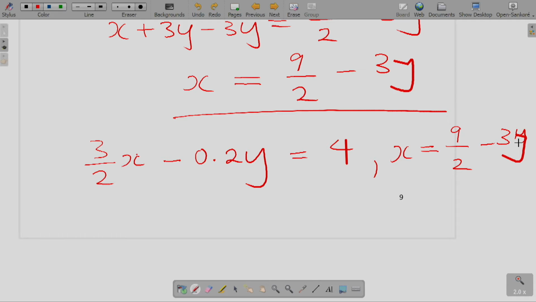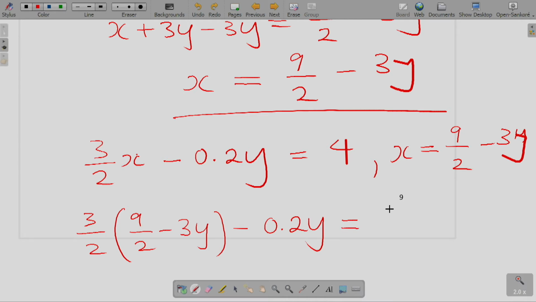So let's substitute it into equation number 1. So we'll have 3 over 2 times 9 over 2 minus 3y minus 0.2y equal to 4.